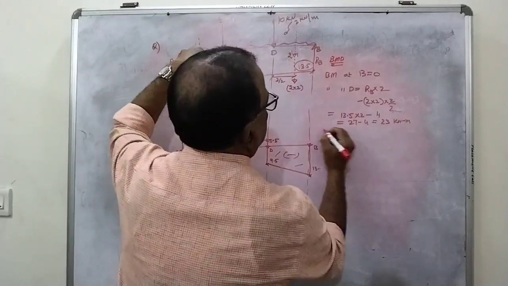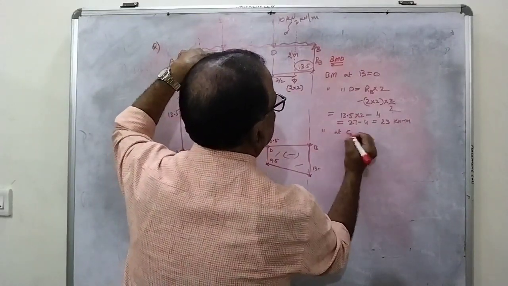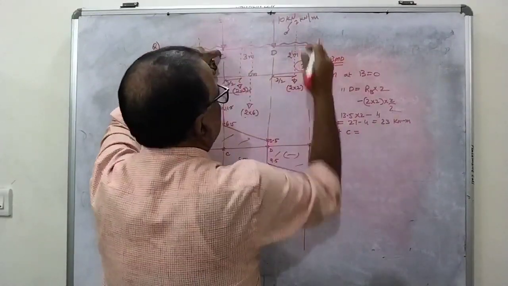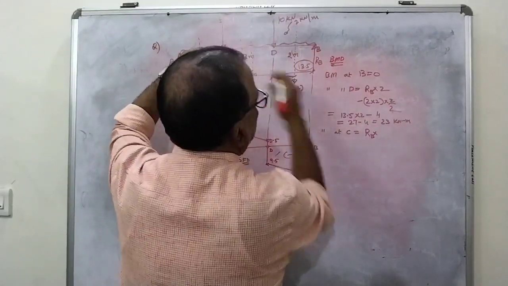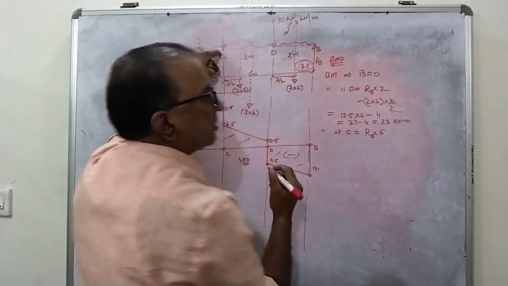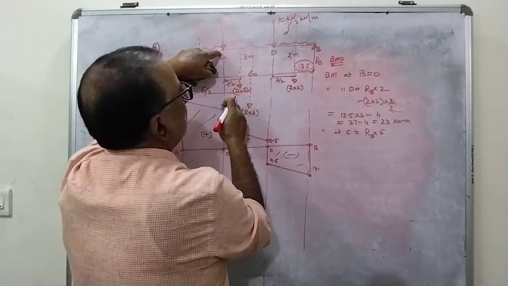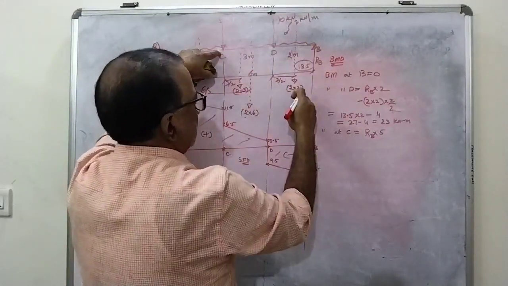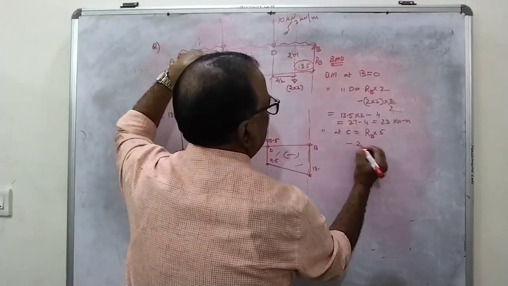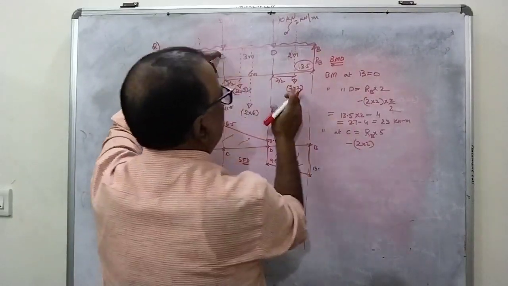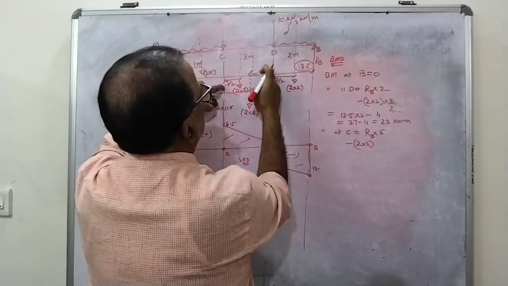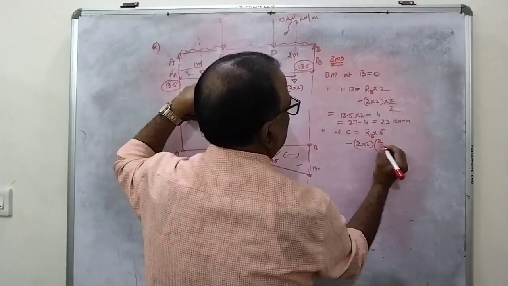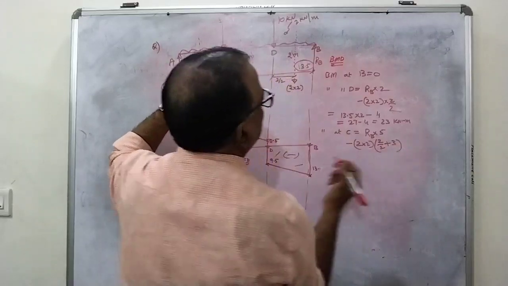Next point, bending moment at C. Start from the beginning. RB into 2 plus 3, 5. RB into 5 minus this UDL, minus 2 into 2 into what is the distance from here to here? 2 by 2 plus 3. Now it is easy for you to calculate.